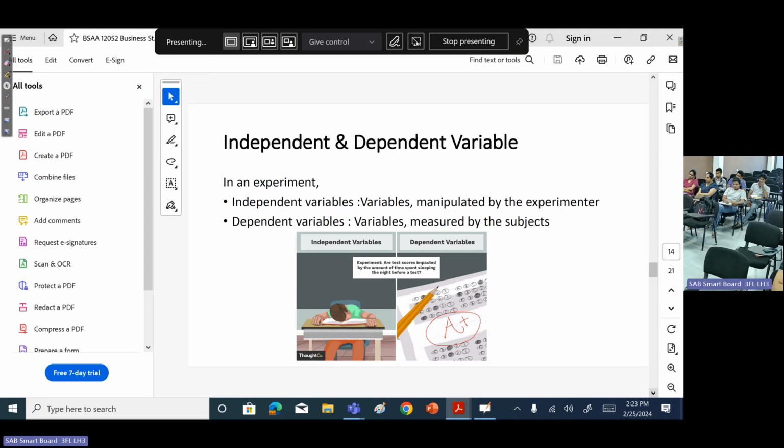Another example: test scores impacted by the amount of time spent sleeping the night before the test. Time sleeping and the test mark are the independent and the dependent variables.